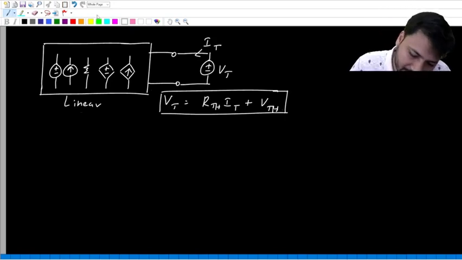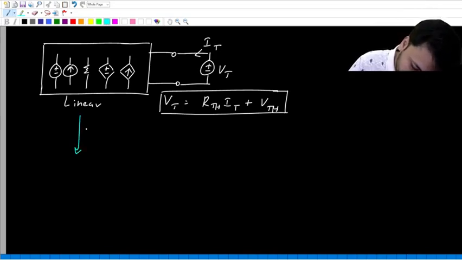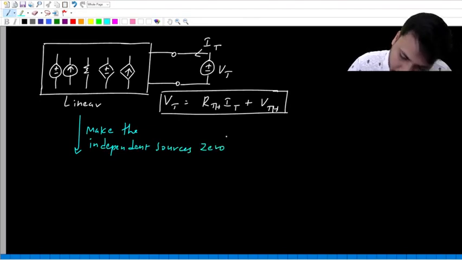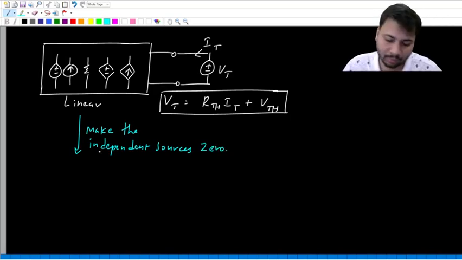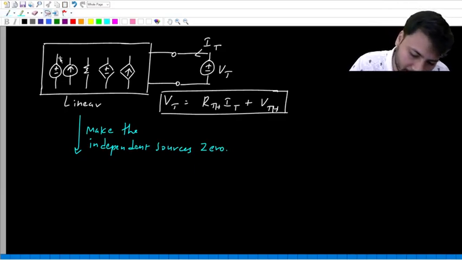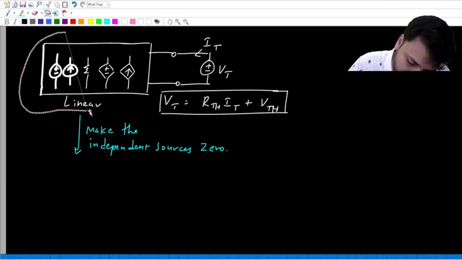Now I take the same network, but I make the independent sources 0.